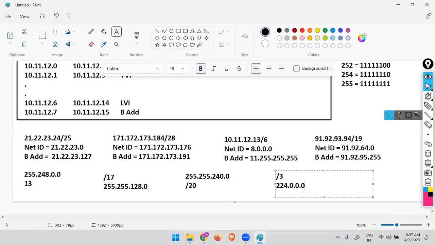This is correct: 128, 64, 32. Write this subnet mask: 3 network bits, with all remaining host bits. All ones on the left, all zeros on the right. Okay.